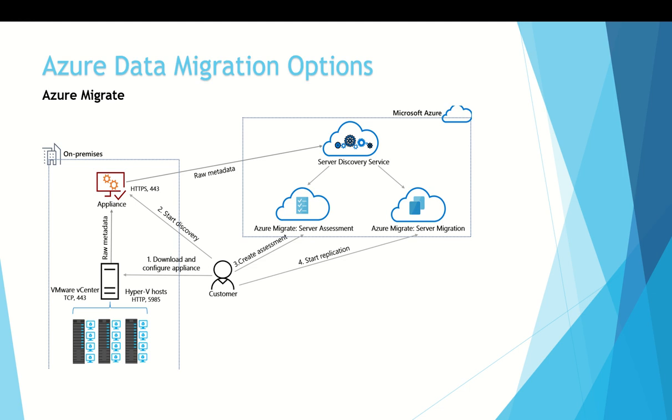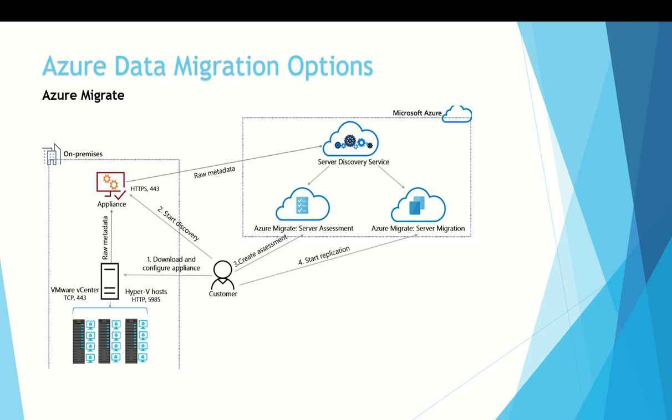So the Data Migration Assistant is what we use for SQL migrations. Azure Database Migration Service migrates on-prem databases to Azure VMs running SQL Server, or to Azure SQL Database or SQL Managed Instances.